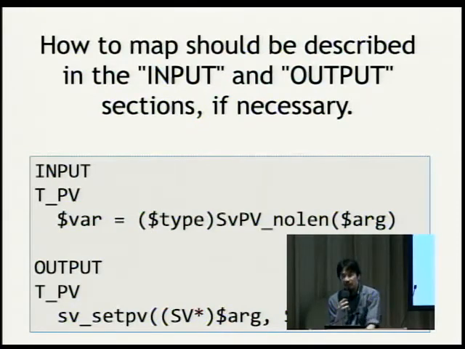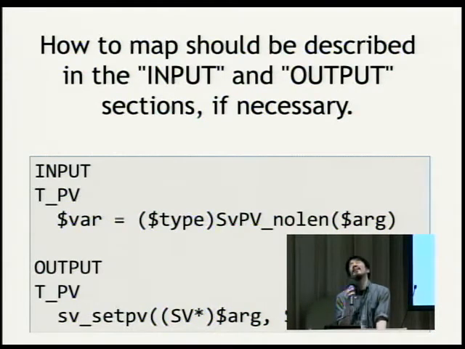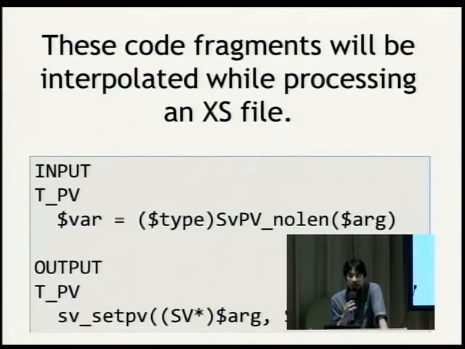If necessary, a local typemap may not have this input or output section, because if you don't need the extra custom input or output, you can just use the typemap input or output from the default typemap. And these code fragments will be interpolated while processing the XS file.